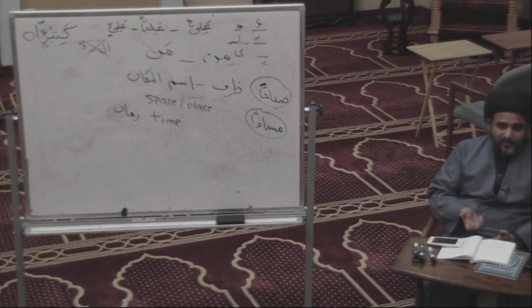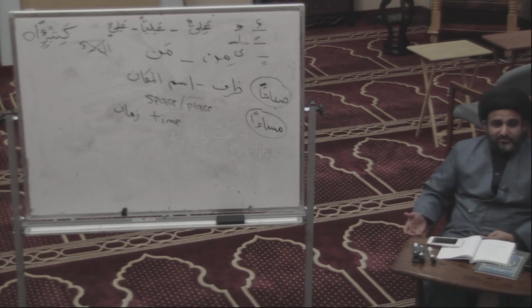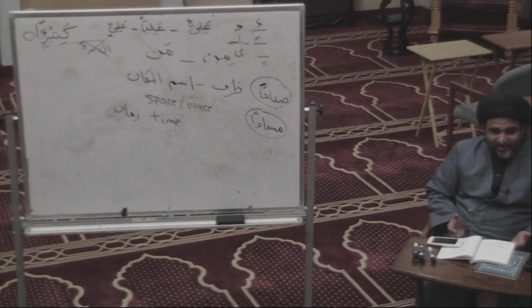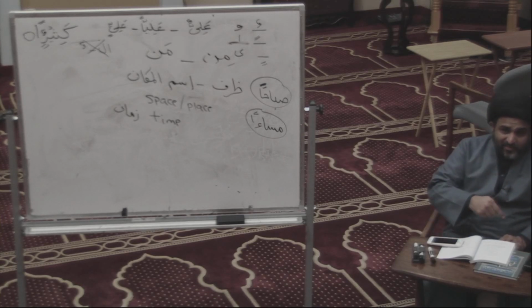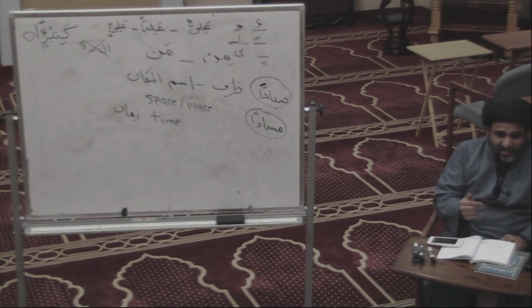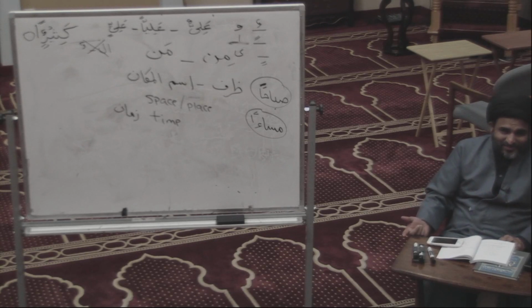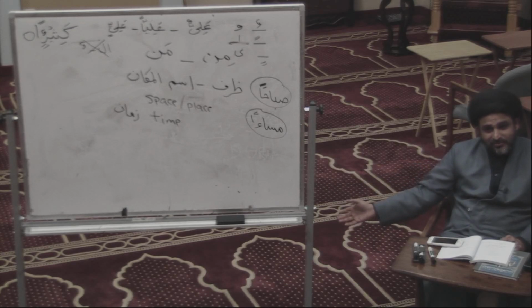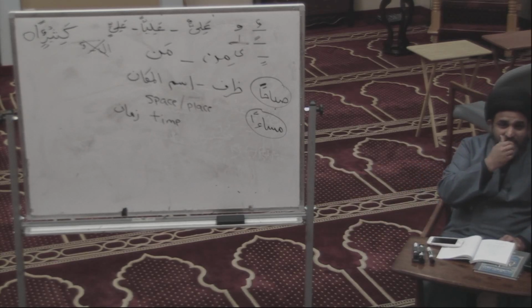Okay. Now you see, you have min, which is harf jar. But Almania will remain Almania. Nothing will change. America will remain America. You can't say America A, America A, America O. Almania A, Almania A, Almania O. There's no i'rab for that, right? That ends as is, although you have harf jar coming on top of it. So it will not change the i'rab of the word Almania or the word America.